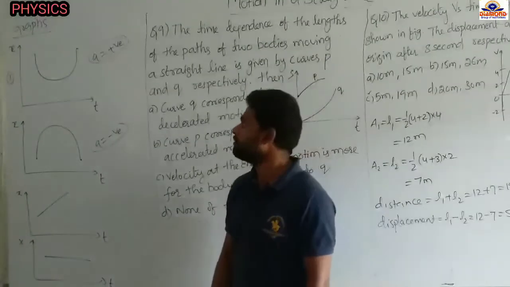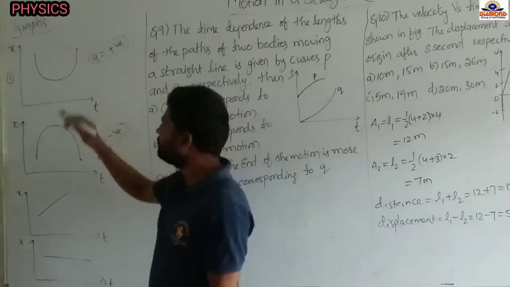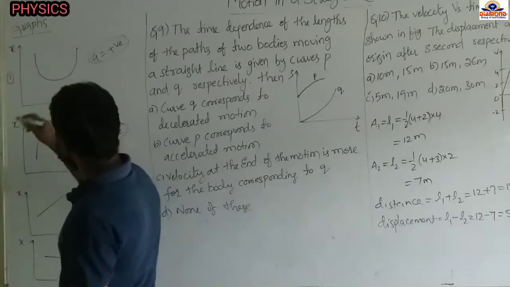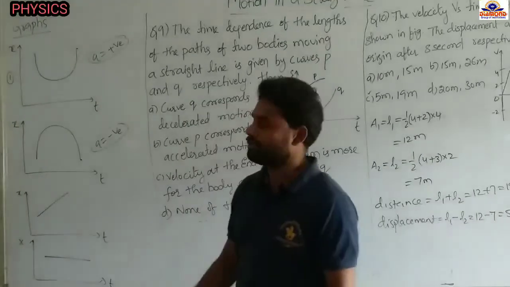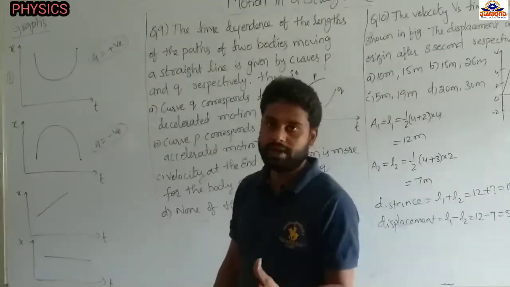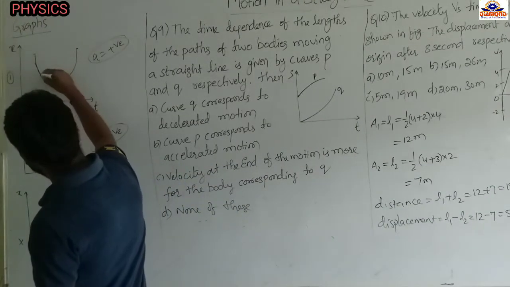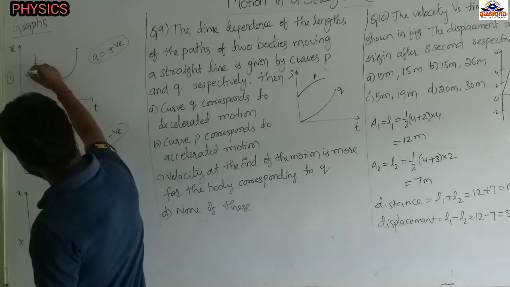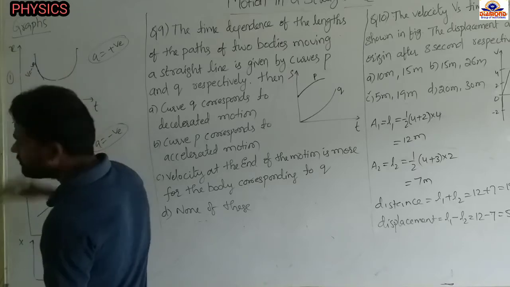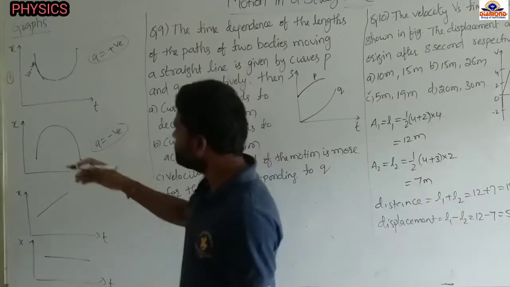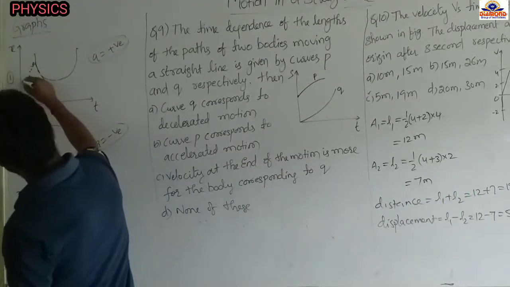Remember these two points; sometimes they will give this graph or that graph and ask a question. Now see here, the slope of the x-t graph, the displacement-time graph, gives the velocity. So draw the tangent. Here the slope is negative, so velocity is negative.